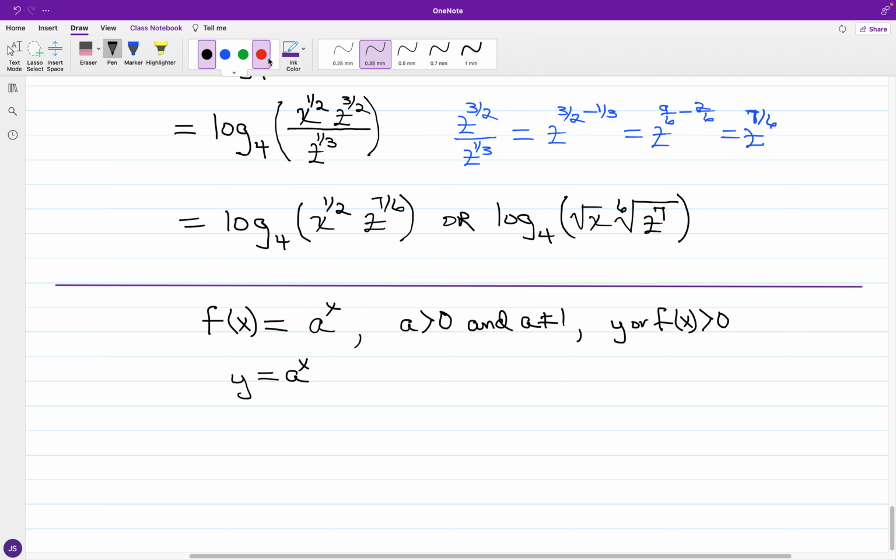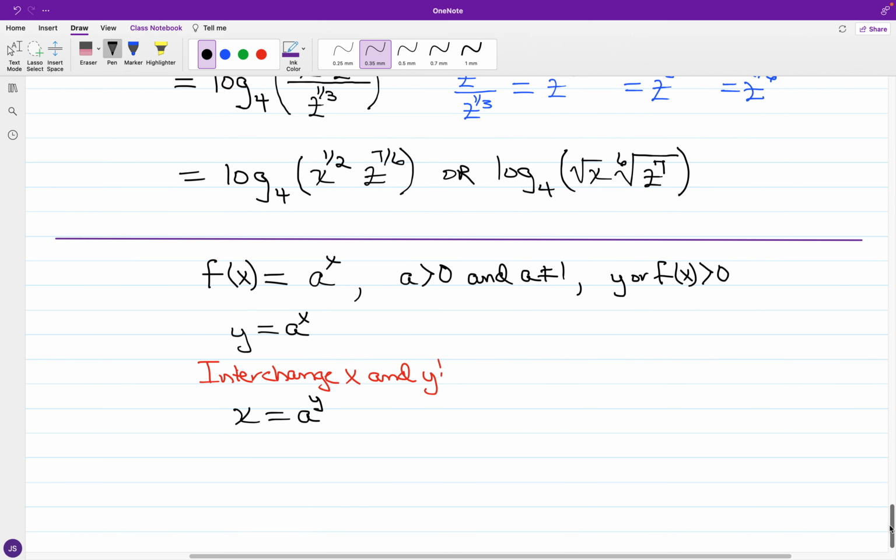Again, when we first looked at logarithms, we took the interchange of the variables x and y. We had that x is equal to a to the y.